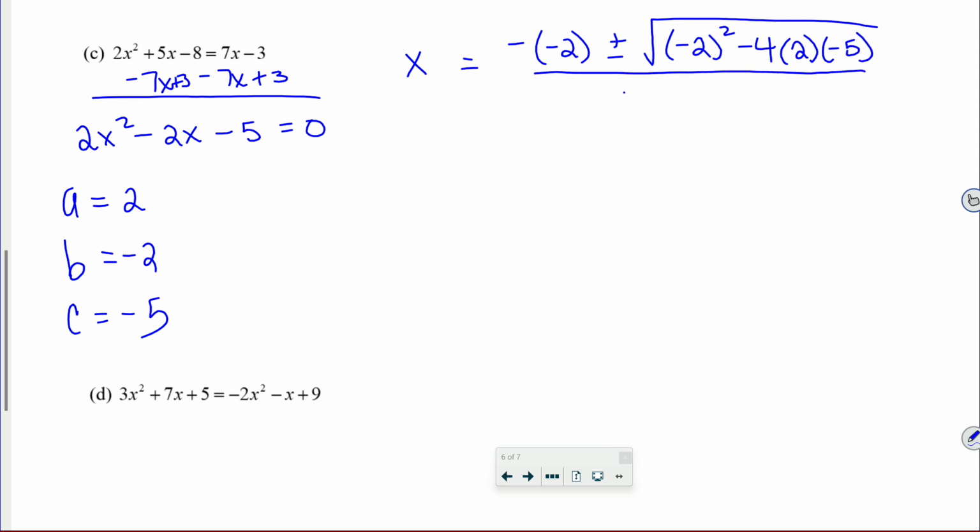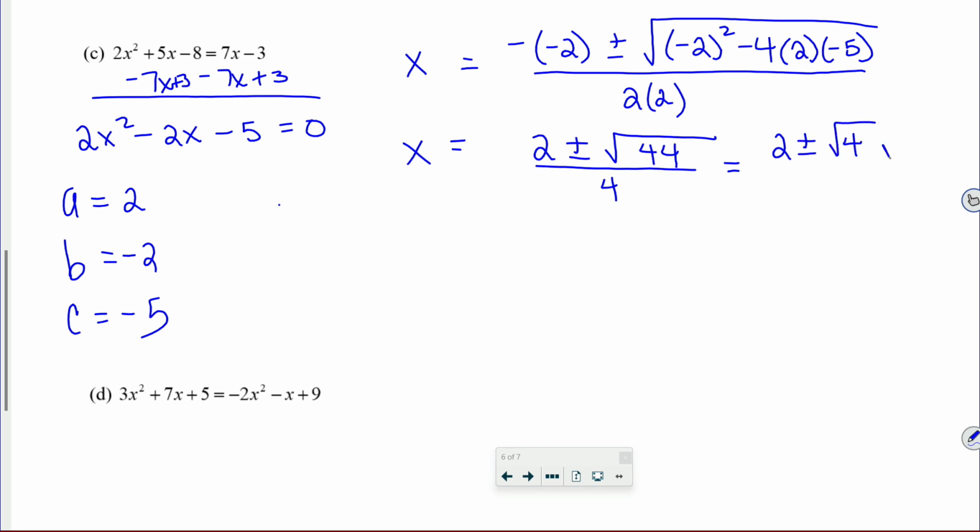That's where it's really helpful to use your calculator. But if you use your calculator to figure it out, we get a 44 underneath the square root. 44 is not a perfect square, so we can't just find its square root in some nice way, but we can simplify it as the square root of 4 times the square root of 11, all divided by 4.